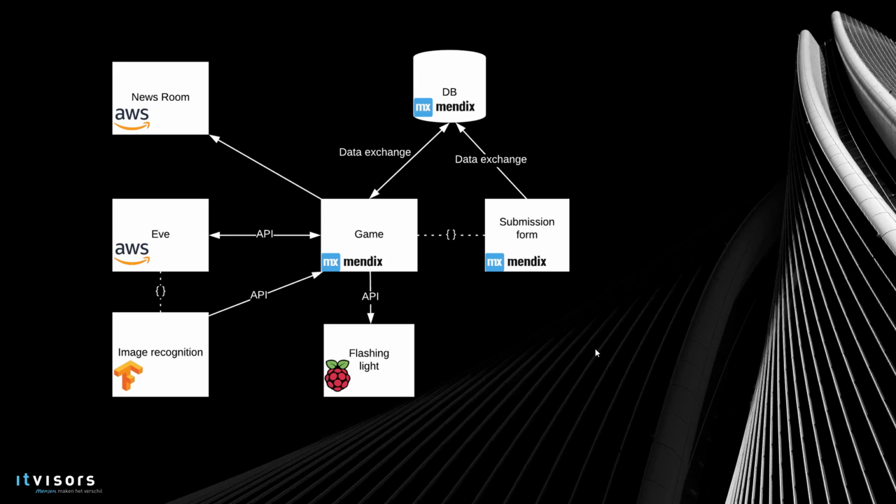Now we're going to focus a bit more on the connection between AWS Sumerian and Mendix. As Yves already explained before, it's based on REST calls. And there are two different web calls which can be done. First of all, Yves could give a bit of information, like I'm done talking, I'm done with my introduction, you can start the game.